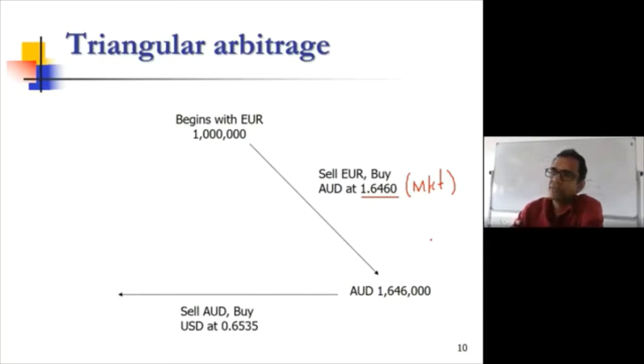So sell Australian dollar 1,646,000 and buy USD at this rate. This is again the market quote for AUD USD. What is the amount of dollars that you can earn? So you can buy. How do you calculate it?